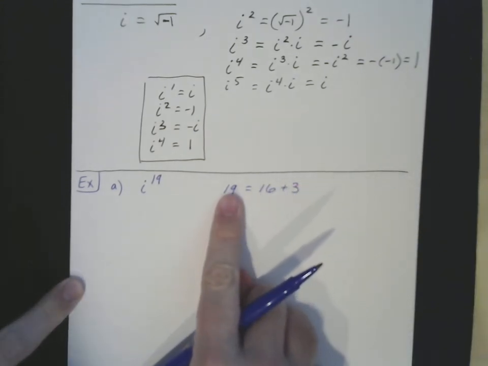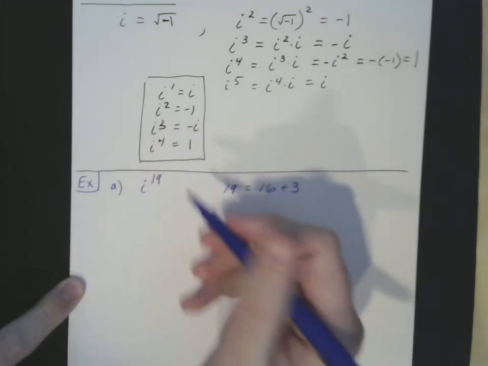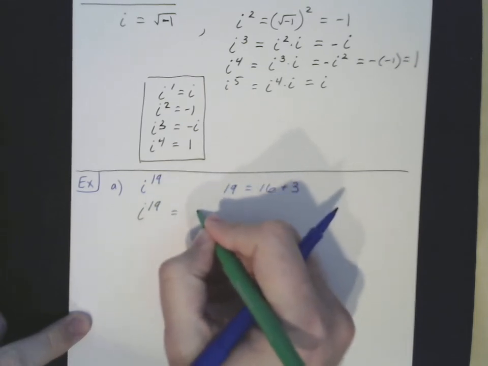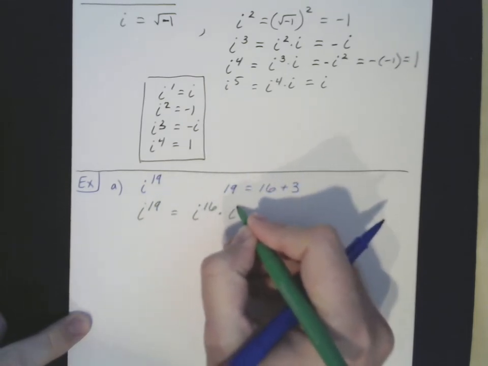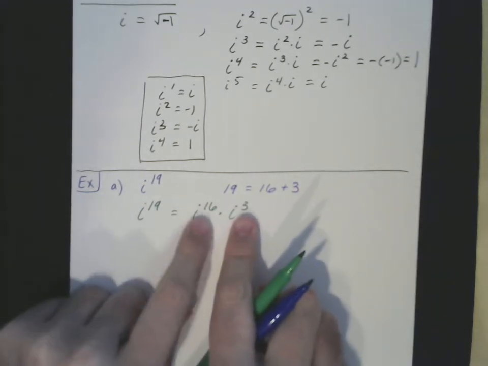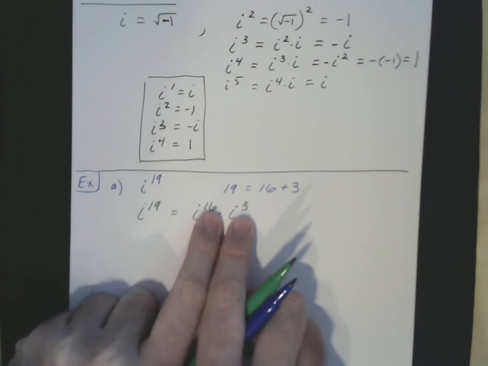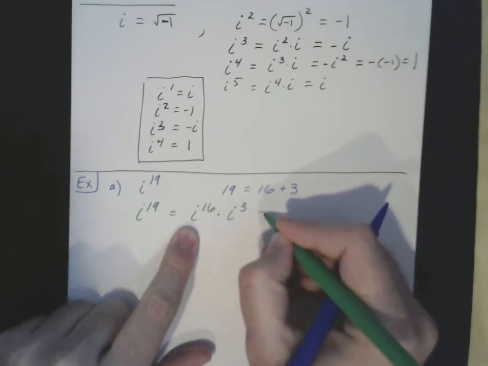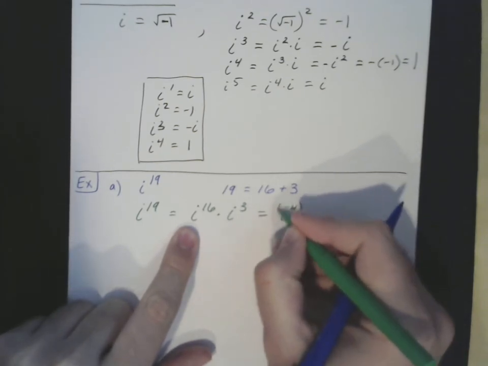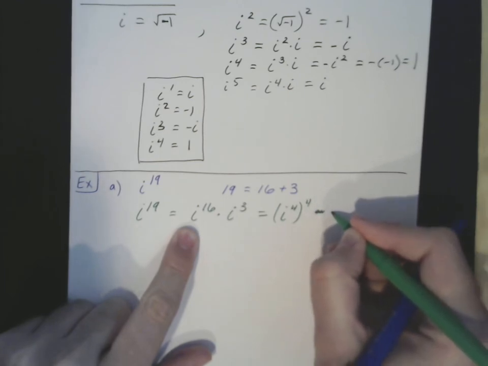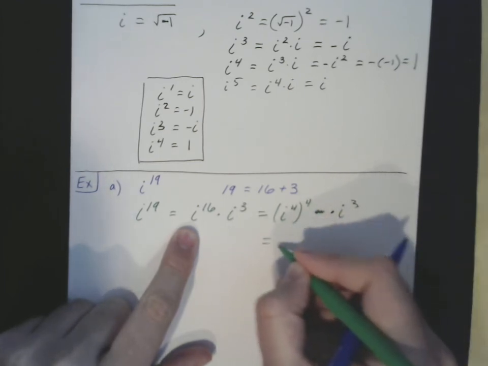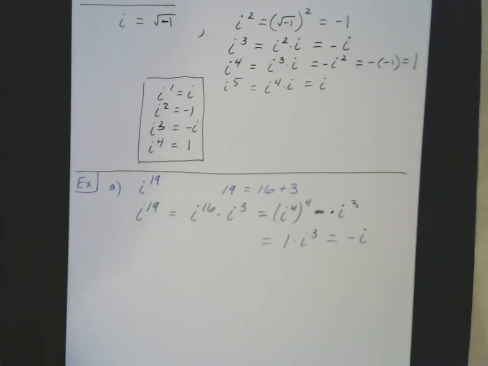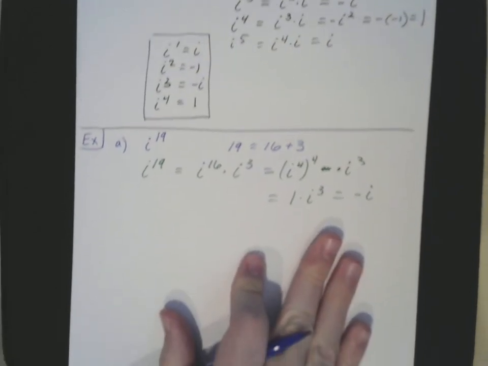That means that 19 is going to act like i to the third, because we can split i to the 19th into i to the 16th times i to the third. That's our power of exponents: we add exponents with the same base. 16 plus 3 becomes 19. i to the 16th is a power of 4. It's specifically i to the fourth, to the fourth. Times i cubed. So this becomes 1 times i cubed. And we know i cubed is -i. So we can do it like that, and this is how we handle larger powers of i.